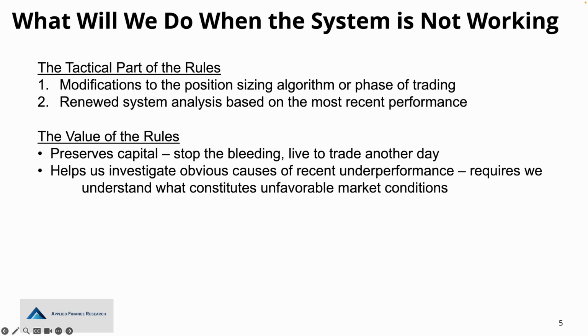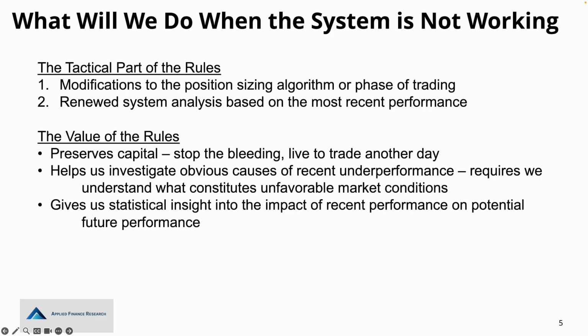This also helps us investigate obvious causes of recent underperformance, which requires that we understand what constitutes unfavorable market conditions for our systems. And having that understanding is in fact an edge itself. Also, these rules give us statistical insight into the impact of recent performance on potential future performance.